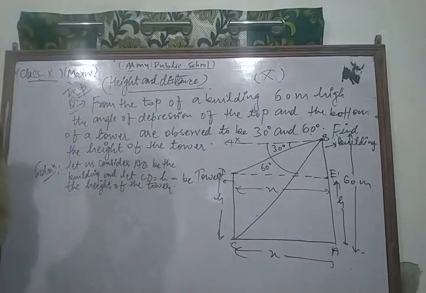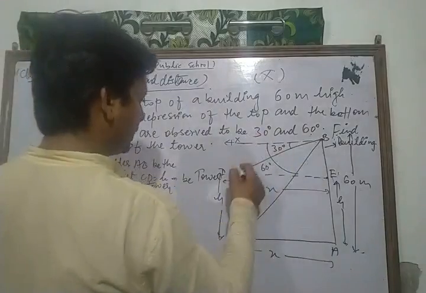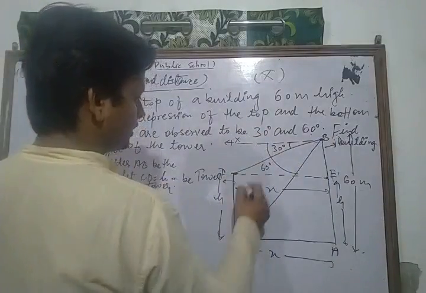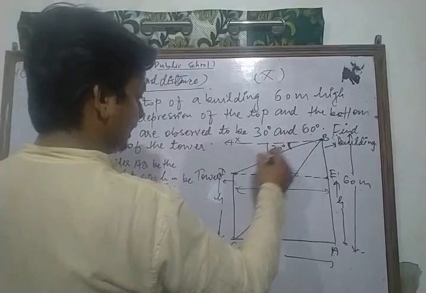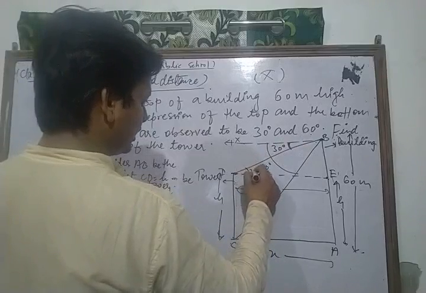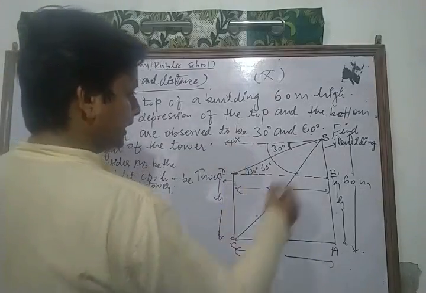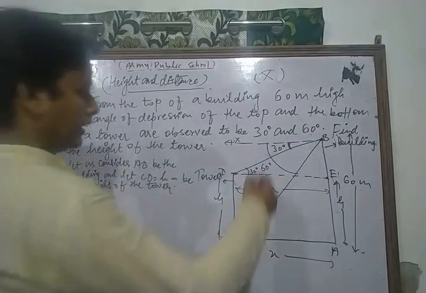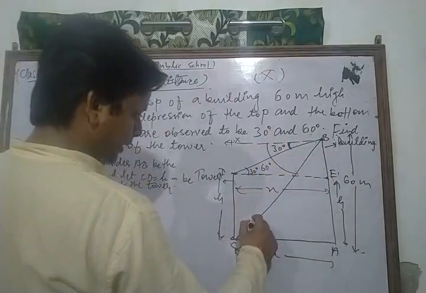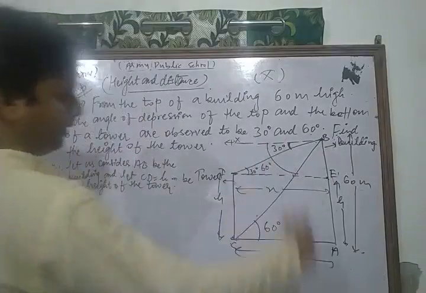Now BX is parallel to DE and DB is a transversal, so that angle is equal to that angle, because alternate interior angles are equal. Similarly, BX is parallel to CA and CB is a transversal, so that angle 60 is the same as that angle.